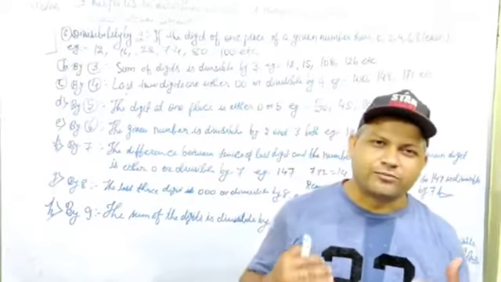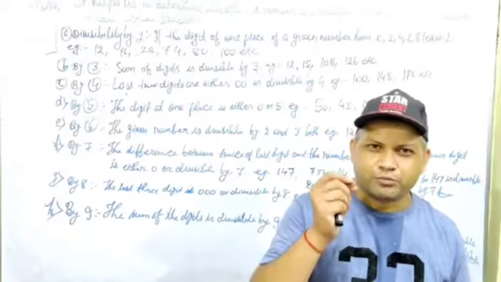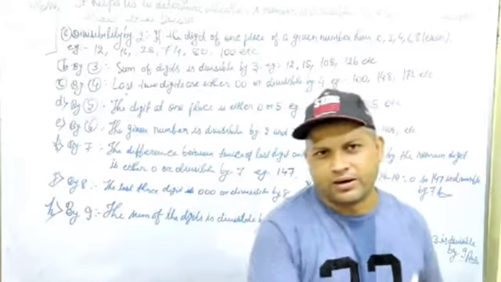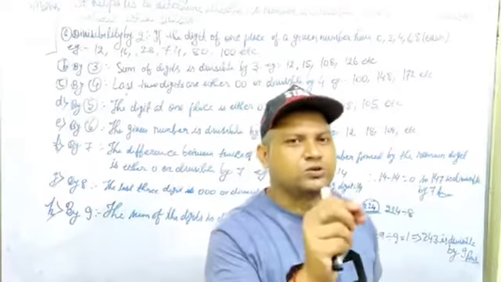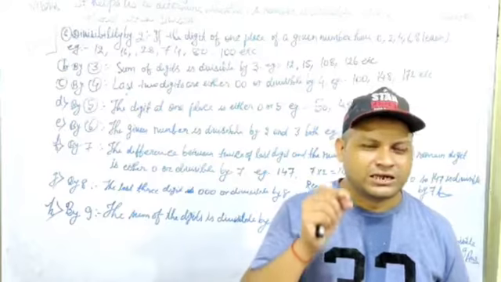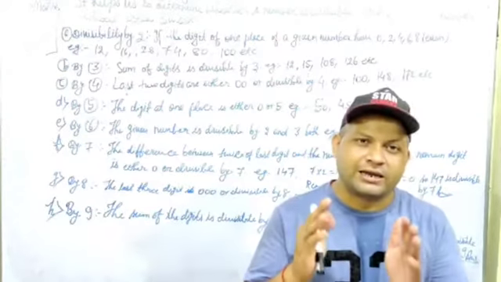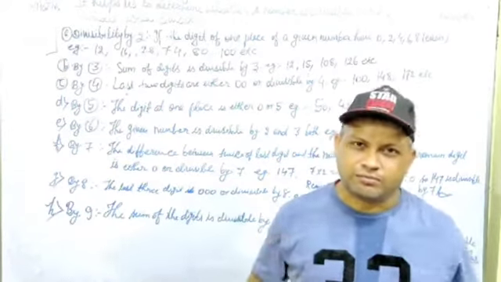In this video I am going to explain the very important properties of a number by the virtue of which you can know the divisibility of any number by another number.